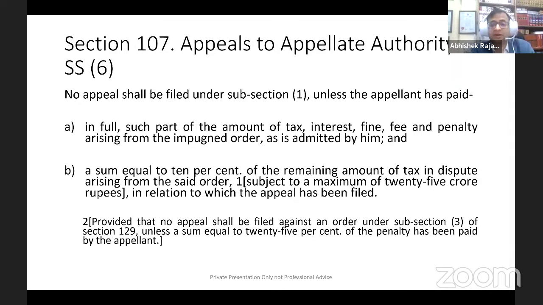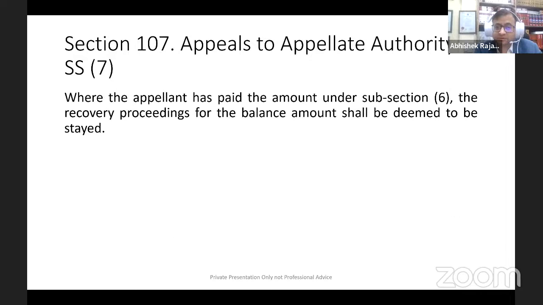In normal circumstances, you pay 100% of what has been demanded, and then you get your conveyance and goods released. But let's say you have got it on the bank guarantee, then you have to pay 25% of the liability. But again, the upper cap is 50 crore rupees, 25 plus 25. So this is the subsection which says that it would be automatically stayed.